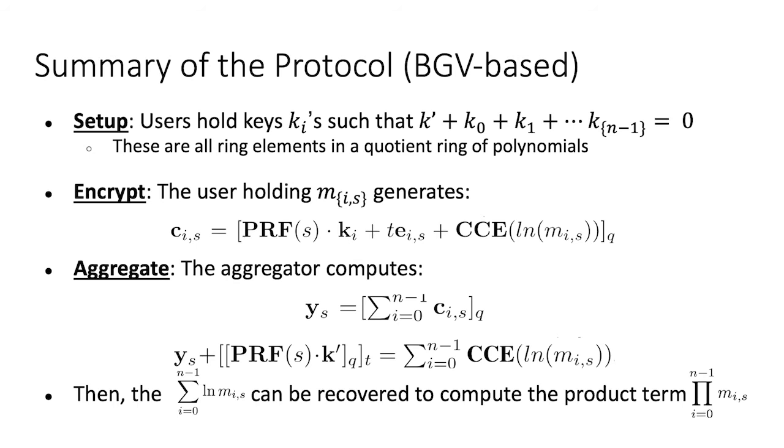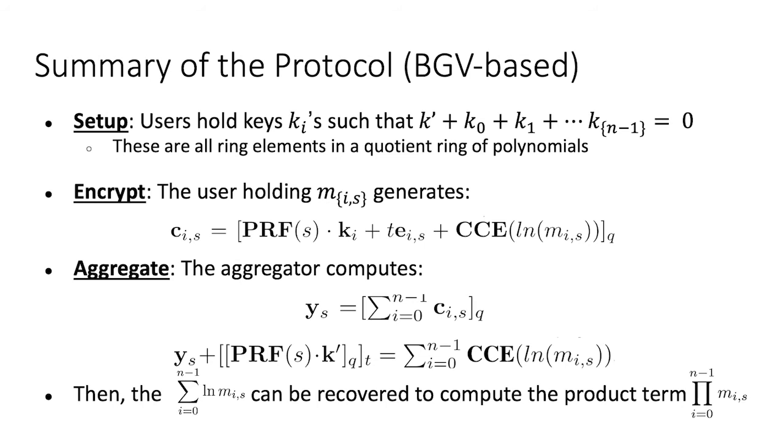Essentially, it involves using a pseudorandom function, or PRF, computed over some timestamp S, along with the secret key K, and it also involves using some standard crypto parameters from the BGV scheme, such as T and Q, to help mask this plaintext value using the noise term E.